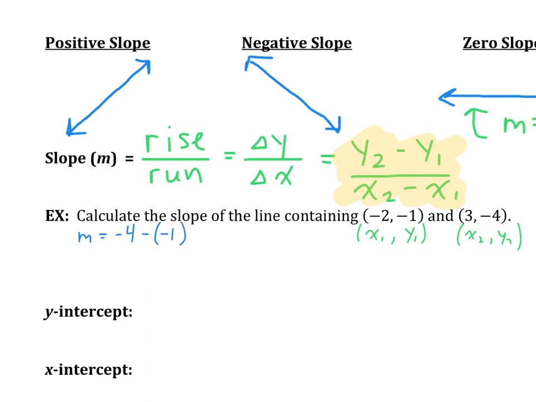Notice how I'm using parentheses because we're subtracting a negative, so we have to remember to change our sign there. And that's divided by the change in x, which is x2 minus our x1. And again, I'm using parentheses. So just showing those steps, this really becomes -4 plus 1 over 3 plus 2, and we get our final answer of -3 over 5 for our slope.